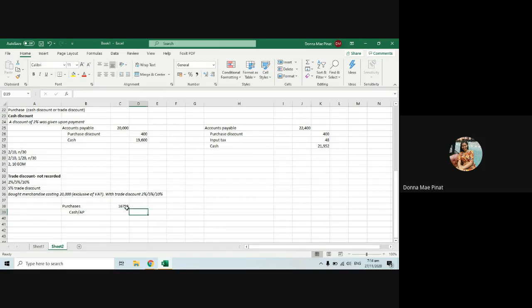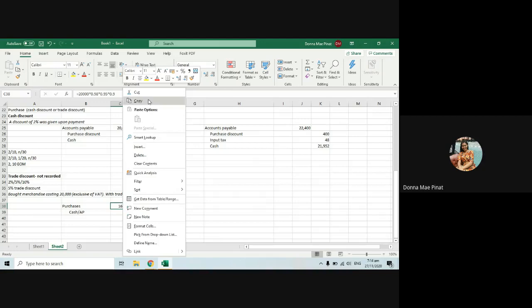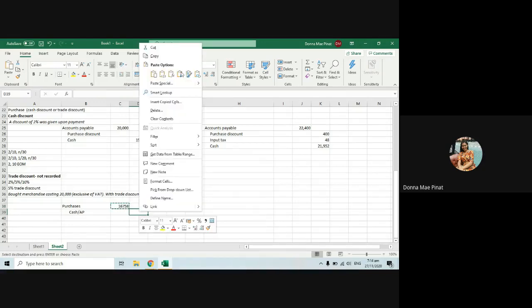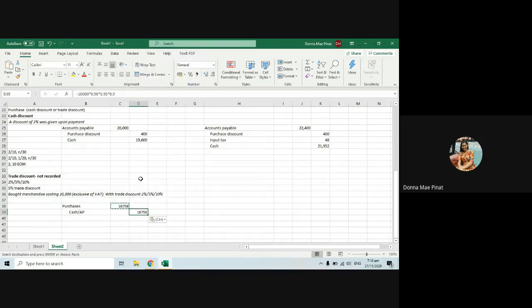Record purchases, 16,758. Okay, so wala siya purchase discount or trade discount nga account. Diretso na siya.